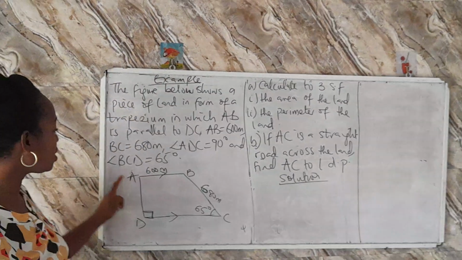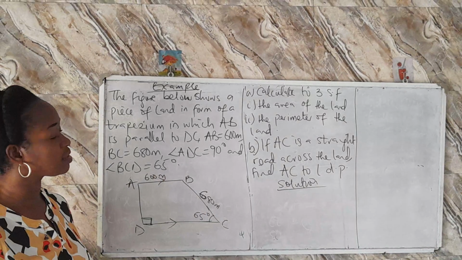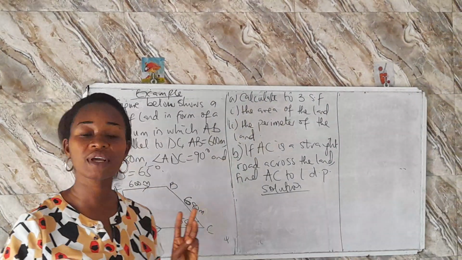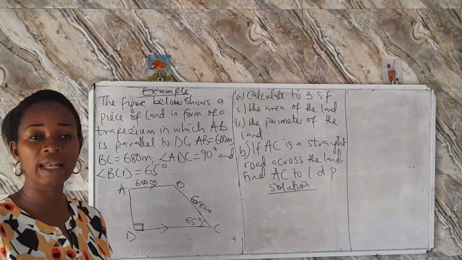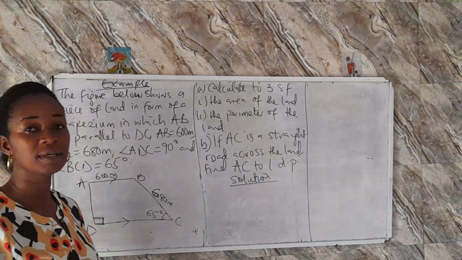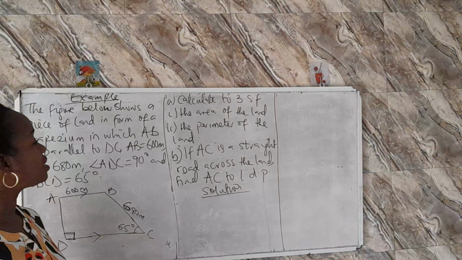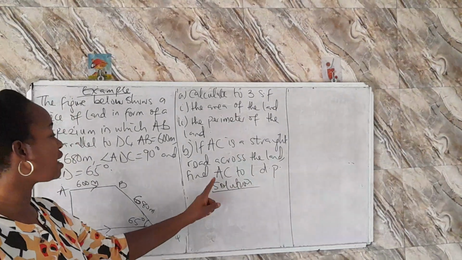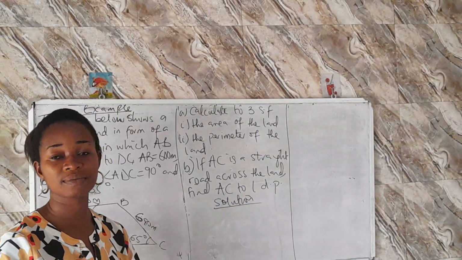And angle BCD, this one here, is 65 degrees. Now the question says calculate to 3 significant figures: i, the area of the land; ii, the perimeter of the land. Then b, if AC is a straight road across the land, find AC to 1 decimal place.